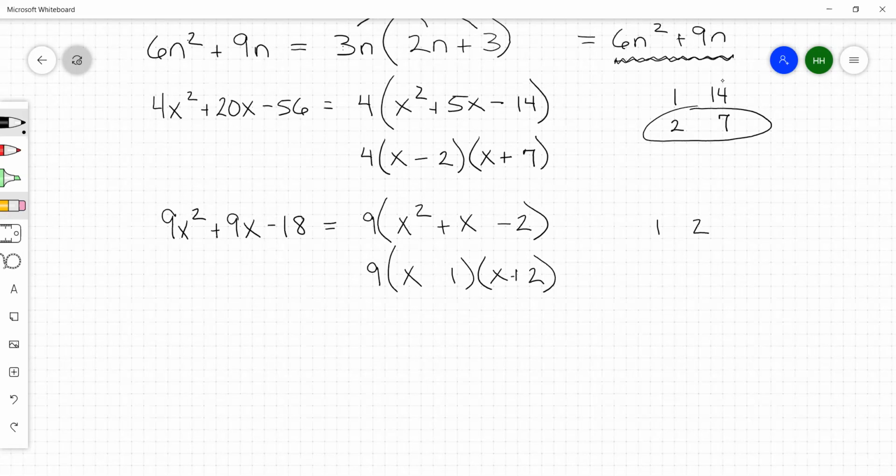So this 2 needs to be positive and this 1 needs to be negative, because negative 1 times 2 is negative 2, and negative 1 plus 2 is positive 1. So there's your factored form of x squared plus x minus 2. Any questions there?